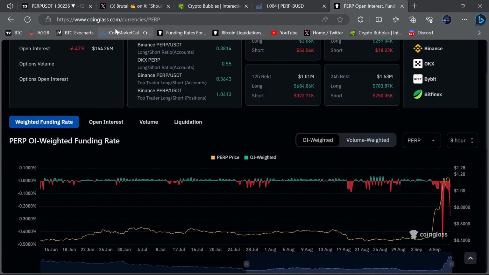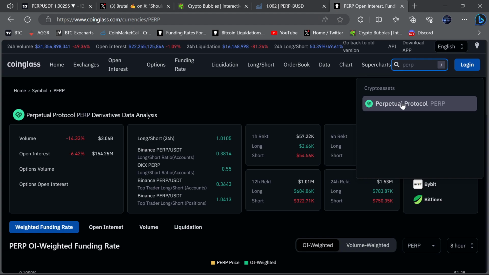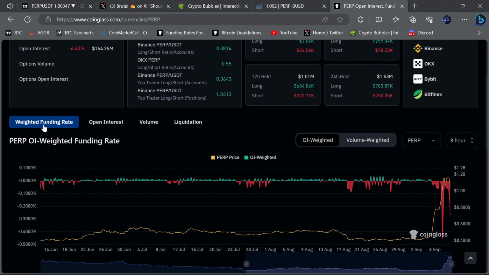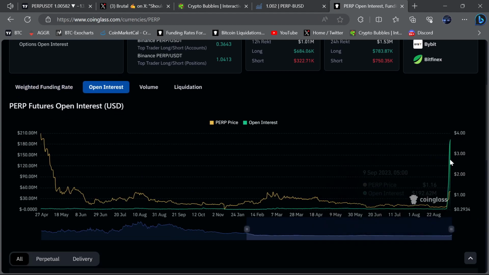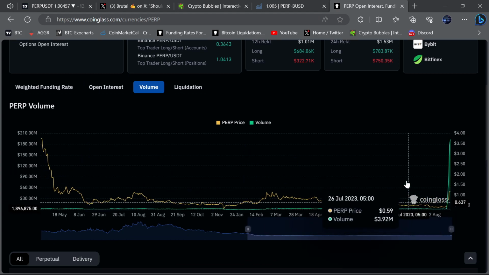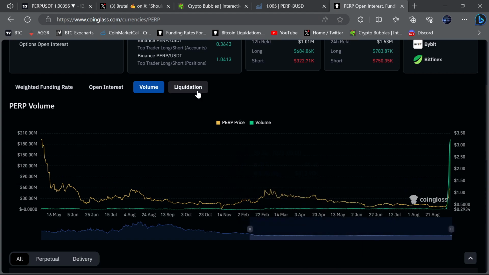Just have a look over this coinglass.com and you guys have to just simply search currency over here, like I have selected perp. Now what you guys can see is our open interest. First of all, people are pretty much interested suddenly in this coin, and this is going to move very soon. Now the volume, you guys already see that again at all-time high, kind of not the all-time high but all-time high of the previous week or month.